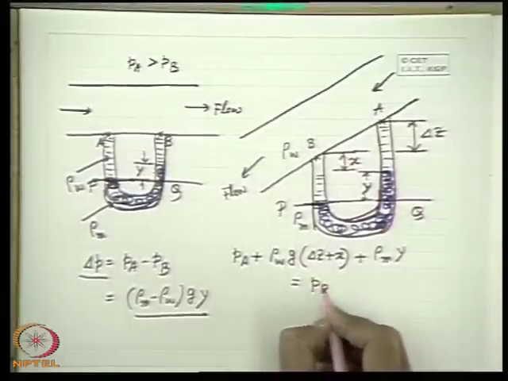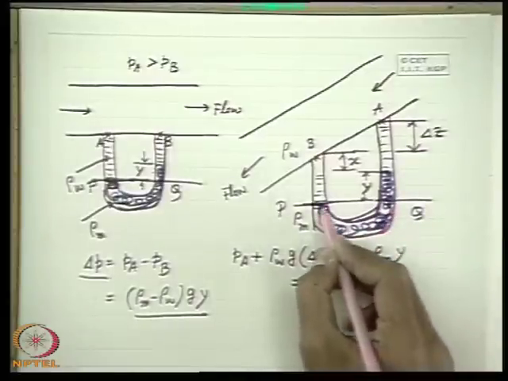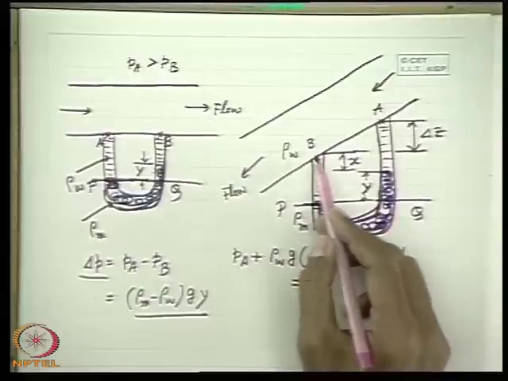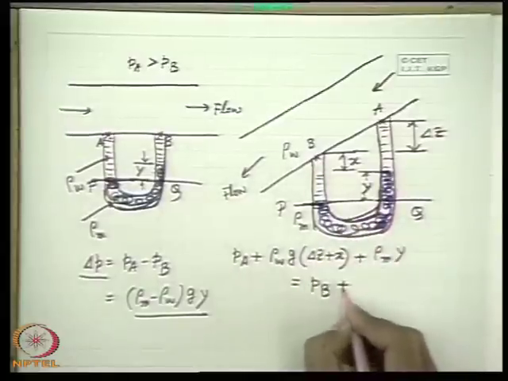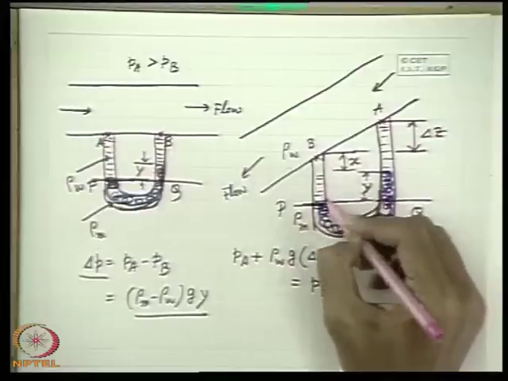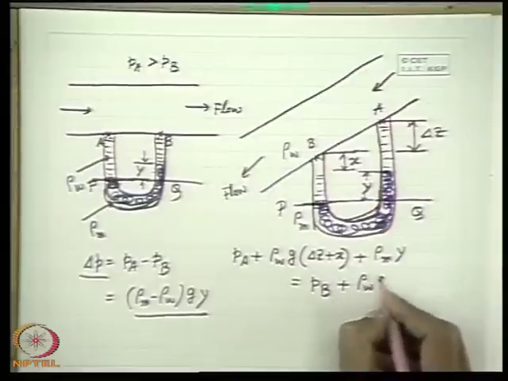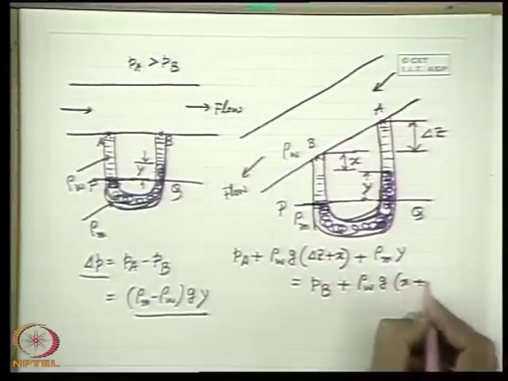PB, that means the same pressure at the same horizontal level within the same expanse of fluid. So this is PB plus the pressure due to the working fluid of height x plus y, that means rho W g (x plus y).